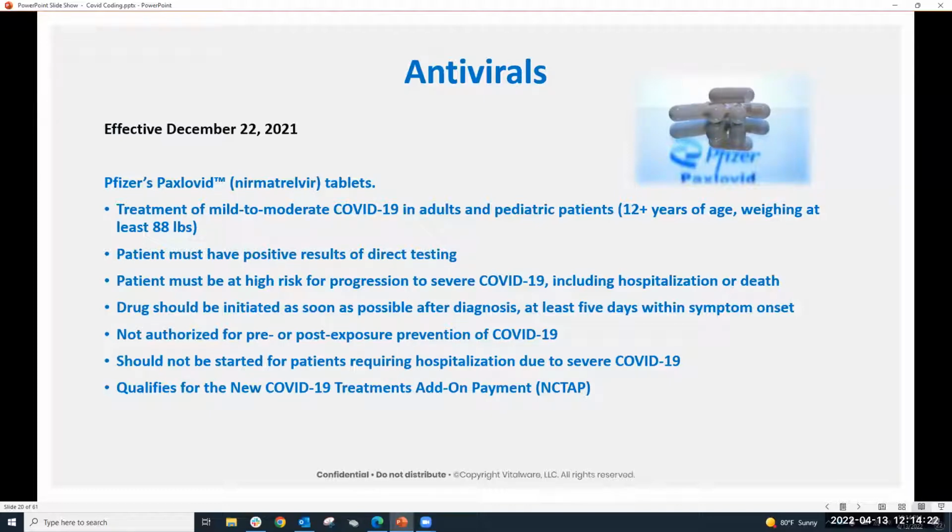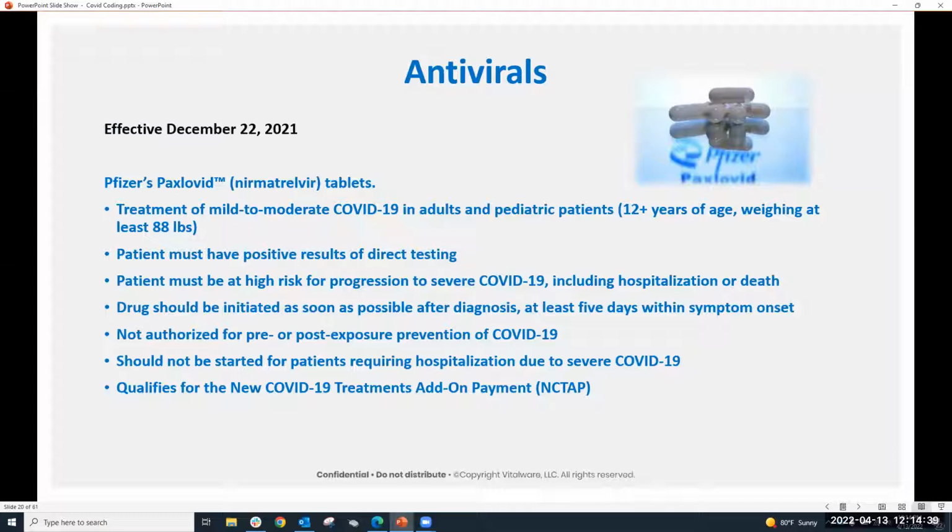The patient must have a positive result. The patient must be at high risk with likely progression to a severe COVID infection that could include hospitalization or death. The drug should be initiated within 5 days of symptom onset.